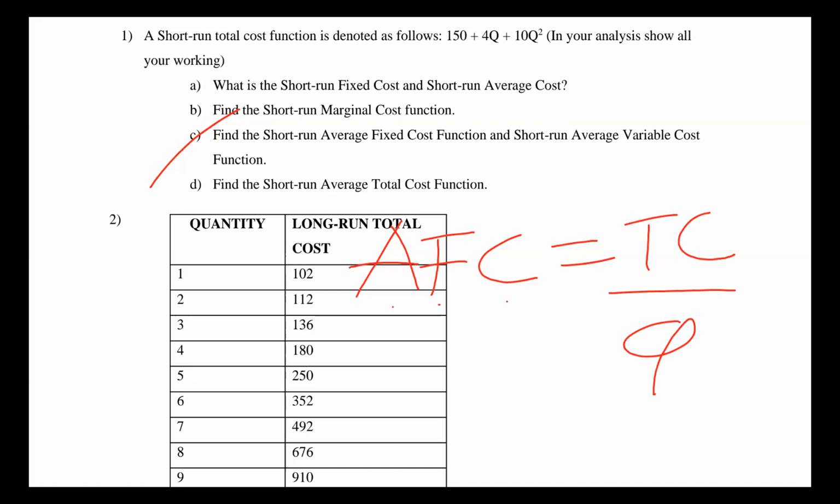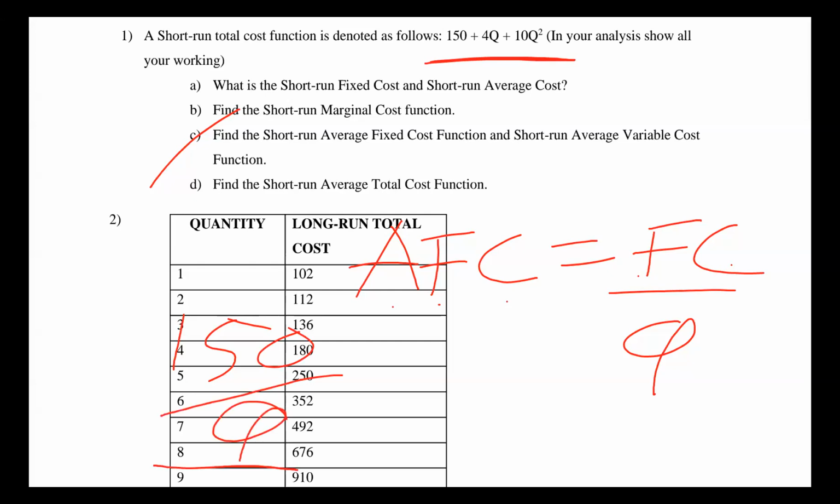So our average fixed cost is found by saying fixed costs, not total cost, sorry, fixed cost divided by output. And our fixed cost is 150 according to this function. It is the one that doesn't change with a change in the level of output, divided by Q. So our average fixed cost shall equal 150 divided by output Q. Is that clear?